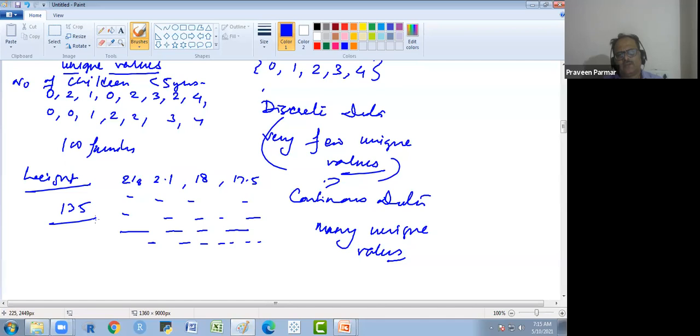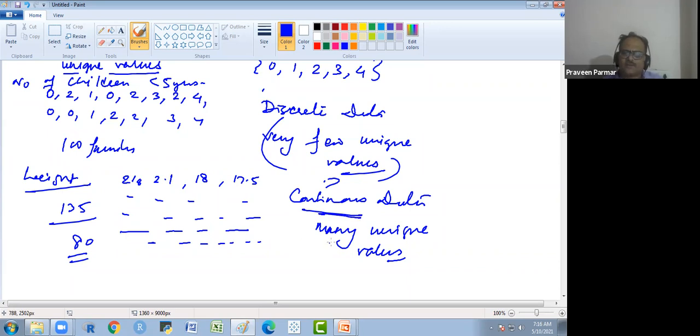Out of these 135, we are getting 80 different unique values. Is it clear? So this is continuous data.